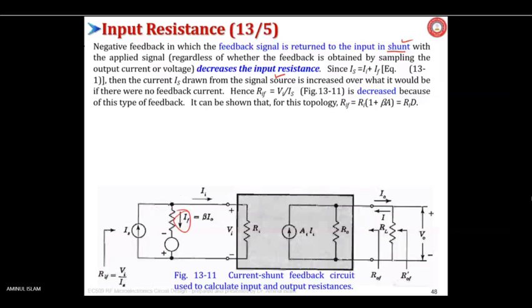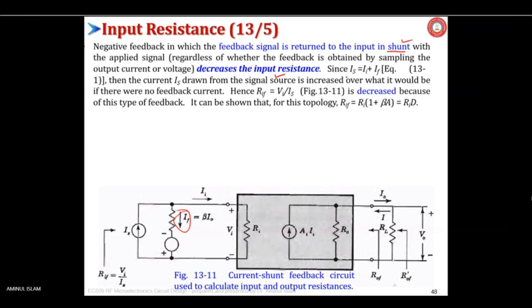The feedback signal is returned to the input in shunt with the applied signal, regardless of whether feedback is obtained by sampling the output current or voltage, decreases the input resistance. And the reason is given here.